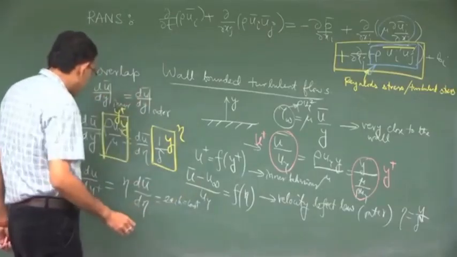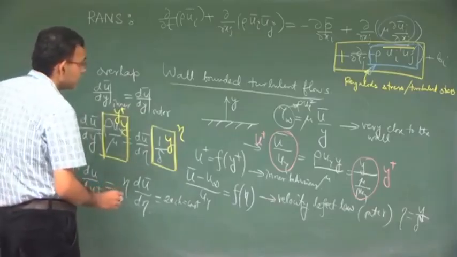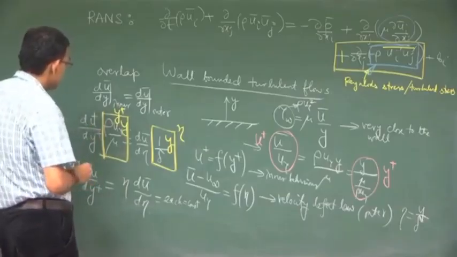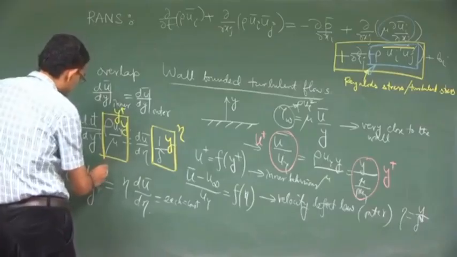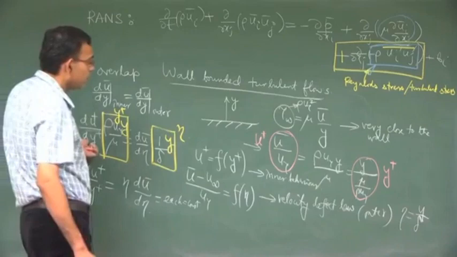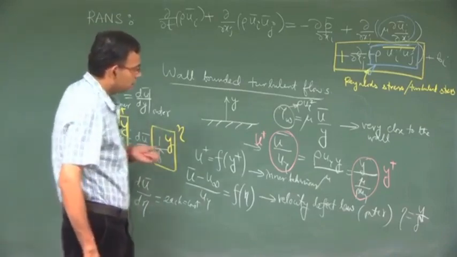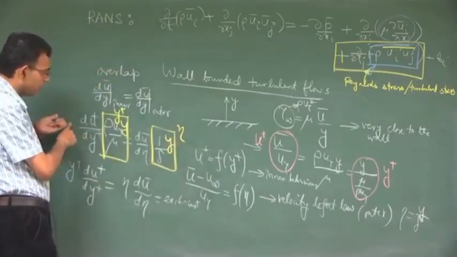So, if you integrate it, right, this is du plus dy bar into there will be a u, another u tau.